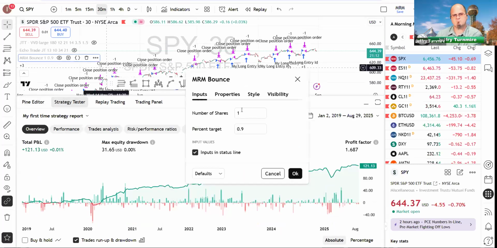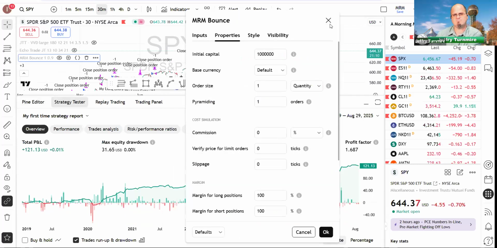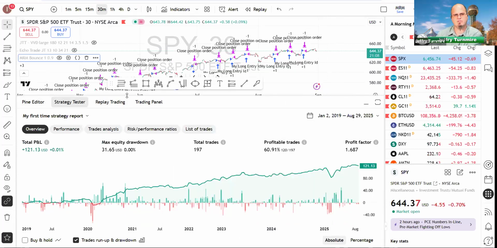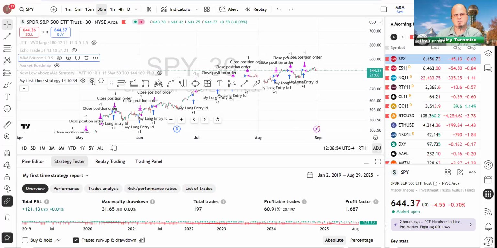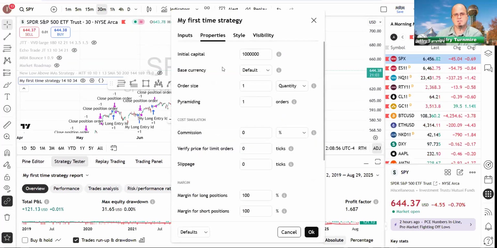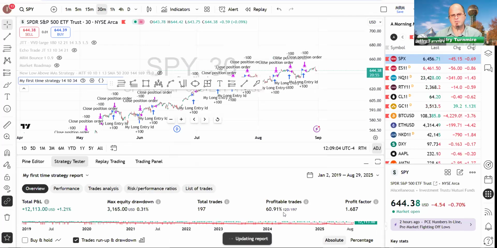So what's the best? Oh, I clicked on the wrong indicator. And if you want to buy 100 shares, you can actually change it in the tester right here under properties without having to put it in the code.